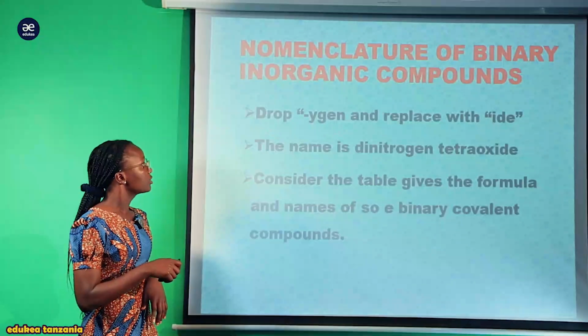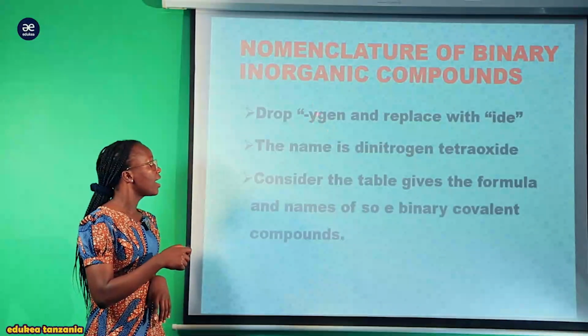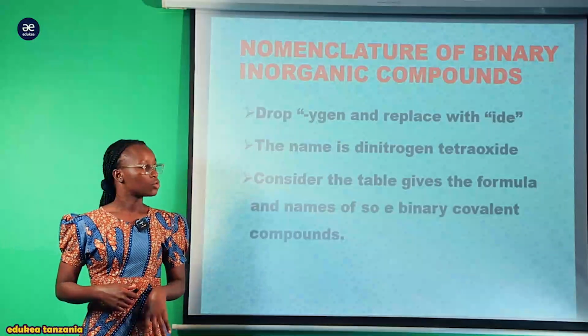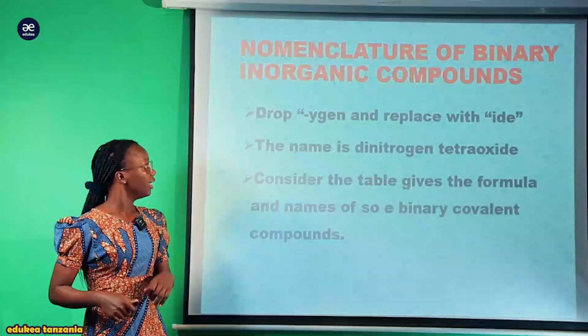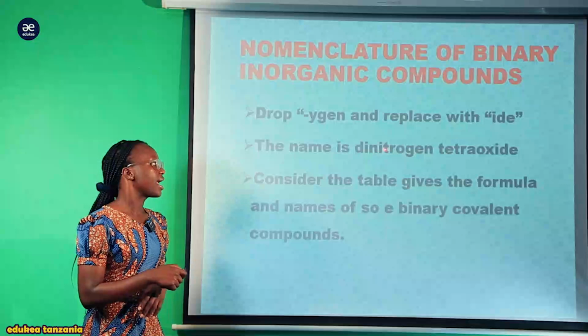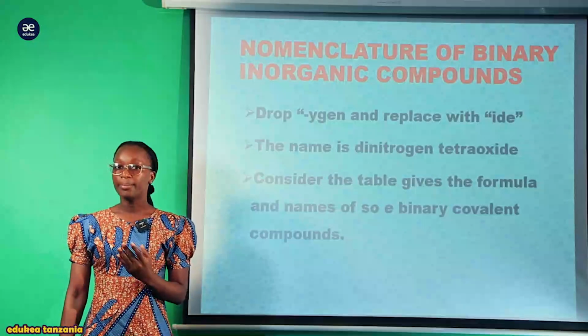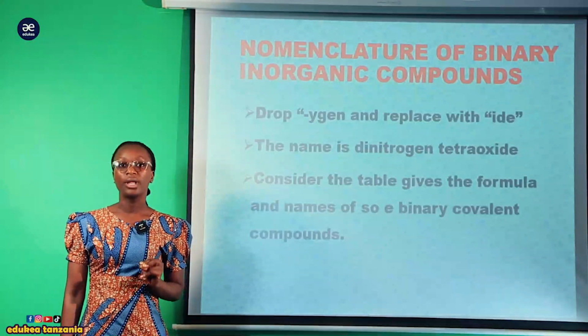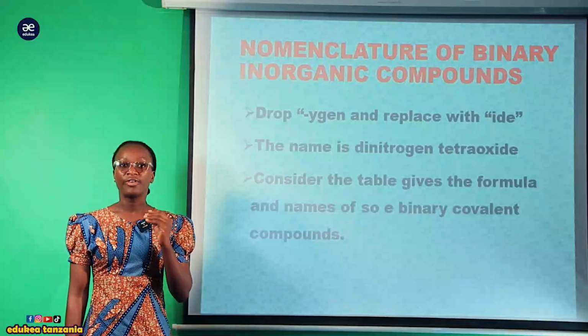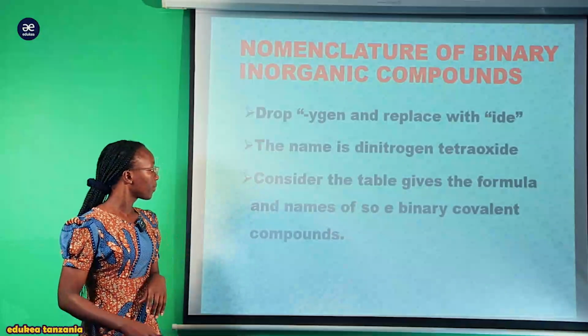So here in oxygen drop hii YGEN letters, tumeadi this one, and then the name is dinitrogen tetraoxide, simple like that. So that is how we name the covalent binary compounds.